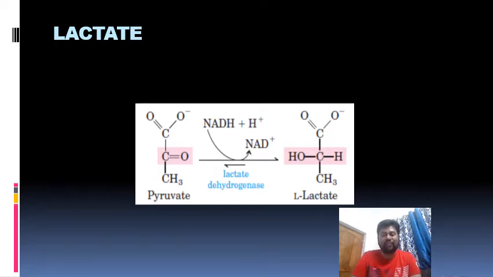The major source of lactate during starvation for gluconeogenesis is from the muscle glycogen. Like in the liver, in muscle also glycogen is stored. Liver glycogen can directly participate in glucose production during starvation, but muscle glycogen cannot be converted because the enzyme glucose 6-phosphatase is absent in the muscle.